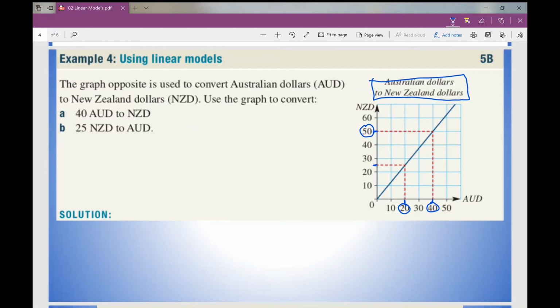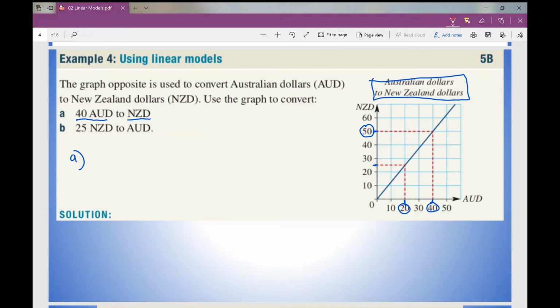And we're going to read off this graph to answer these two questions over here. If we have 40 Australian dollars and we want to convert it to New Zealand dollars, what do we do?